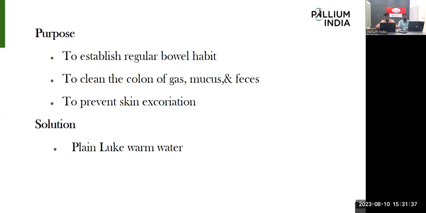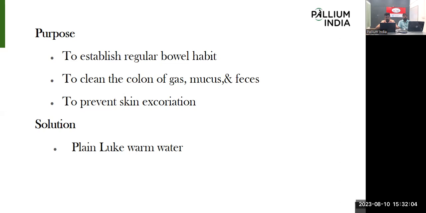At a permanent fixed time, once a day, we flush out or wash out the total colon by this procedure, and it will help to establish the habitual bowel habit. Then the total gas, mucus, and fecal matter, everything, we can completely wash out and clean out of the colon.